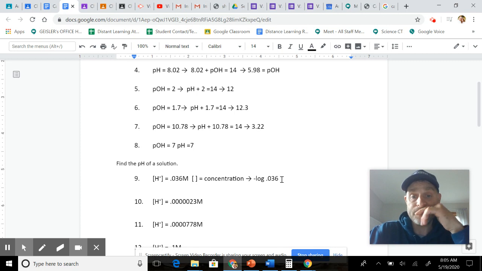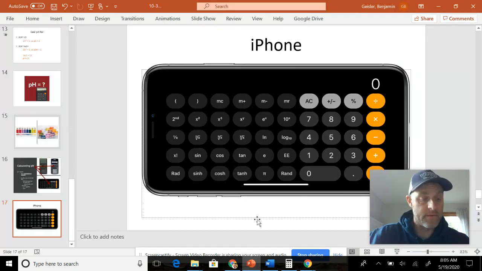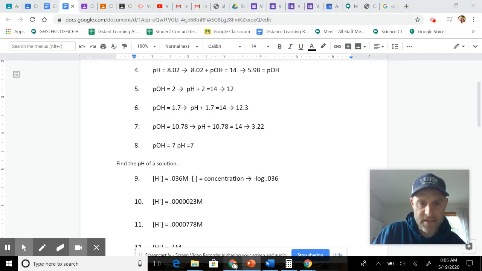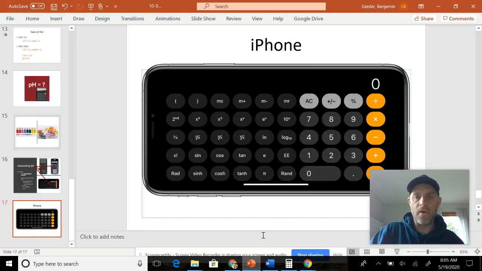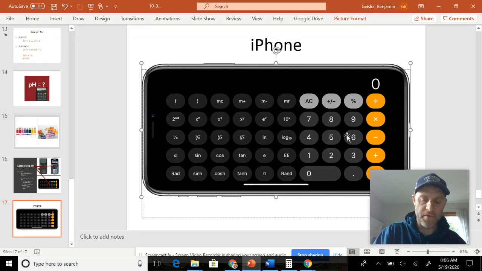That's it. Now I'm going to tell you, on my iPhone, it's a little goofy. On my iPhone, I have to do a slightly different order. I'm going to go 0.036, and then I come over here and hit that log 10.